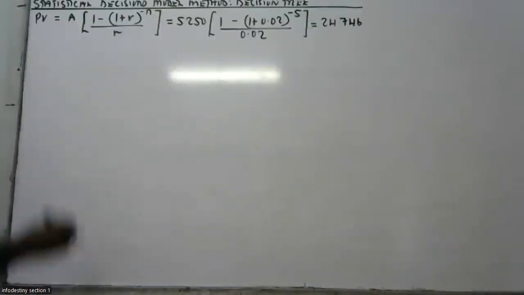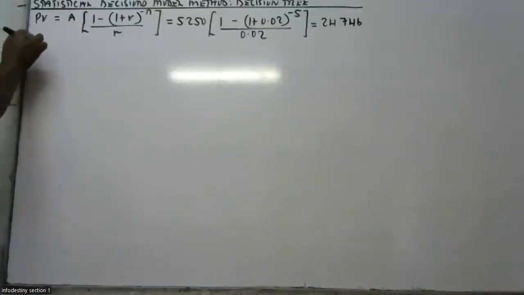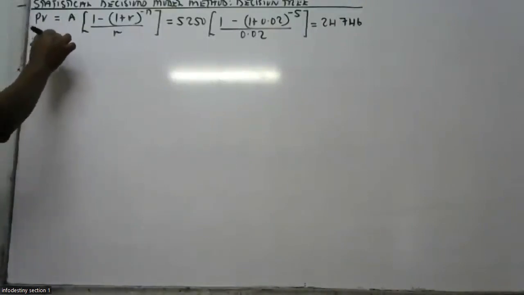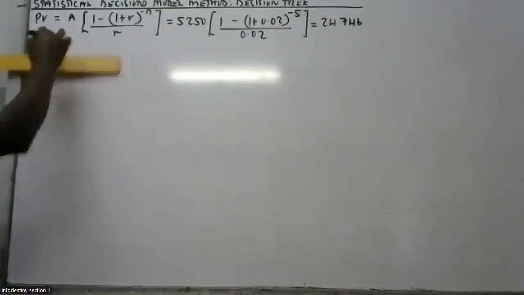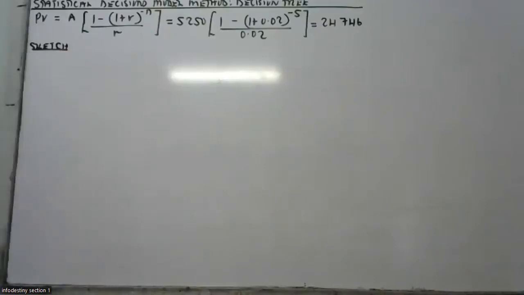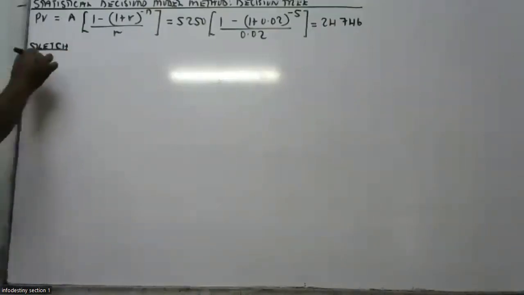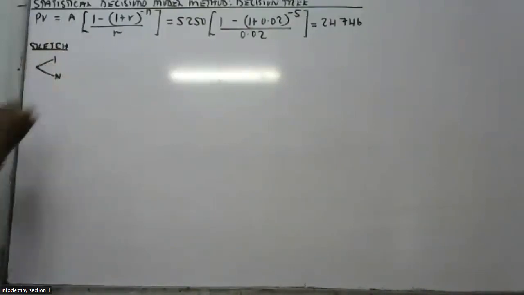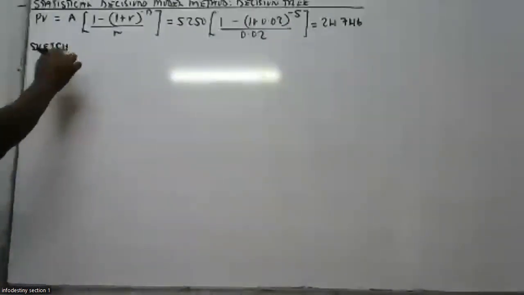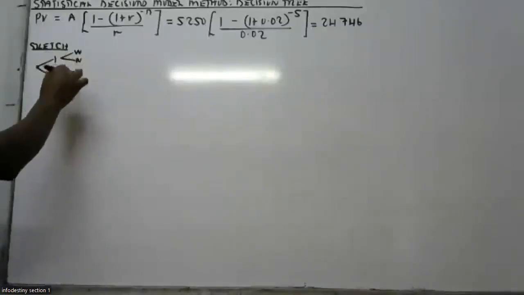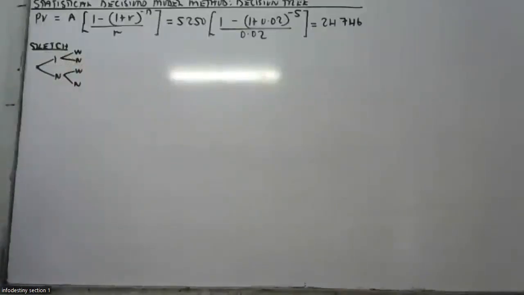Okay, we need to come up with a sketch of how this tree will be drawn. We can decide to investigate or not investigate. Whatever case you do, there are two types of variances, those which are worth investigating and those which are not.